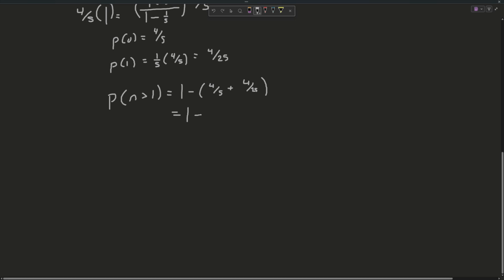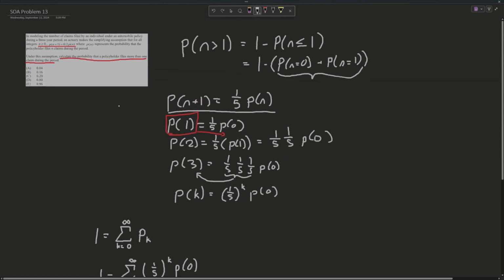Common denominators here, so this will be over 25, and then this will be 20, so 20 plus 4, so that's 24/25, and that is equal to 1/25, or 0.04, which is our answer.